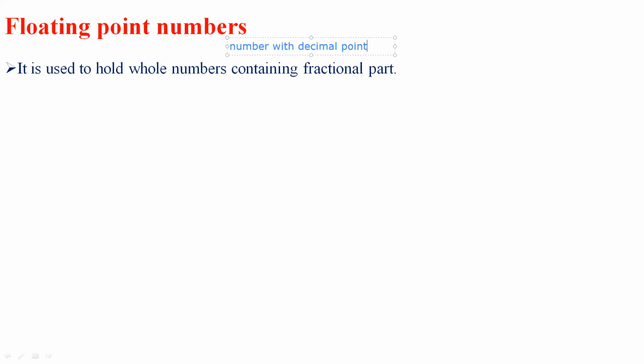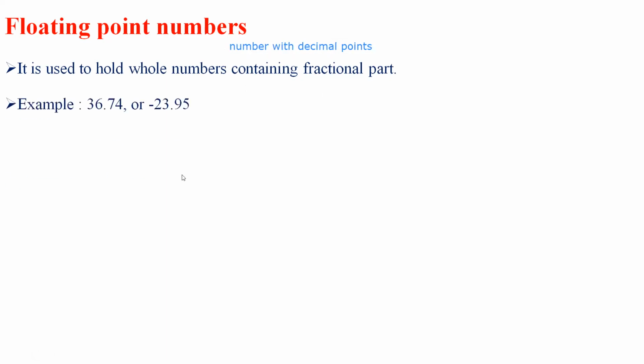At such cases, we'll go with floating point numbers.